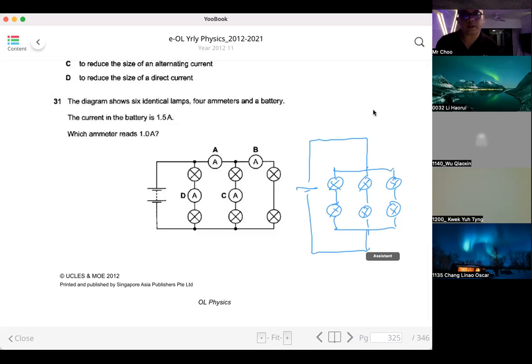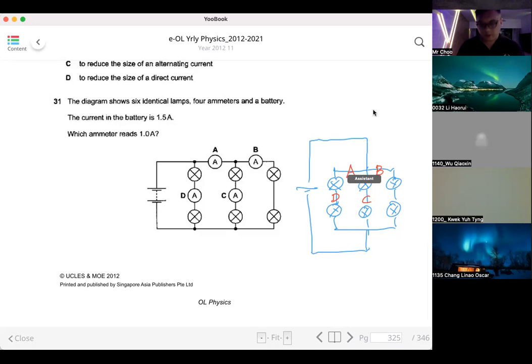Okay, if I draw it like this, do you think it will help now? So your D is here, your C is here, your B is here. The A is not there, but never mind, we put the A here.